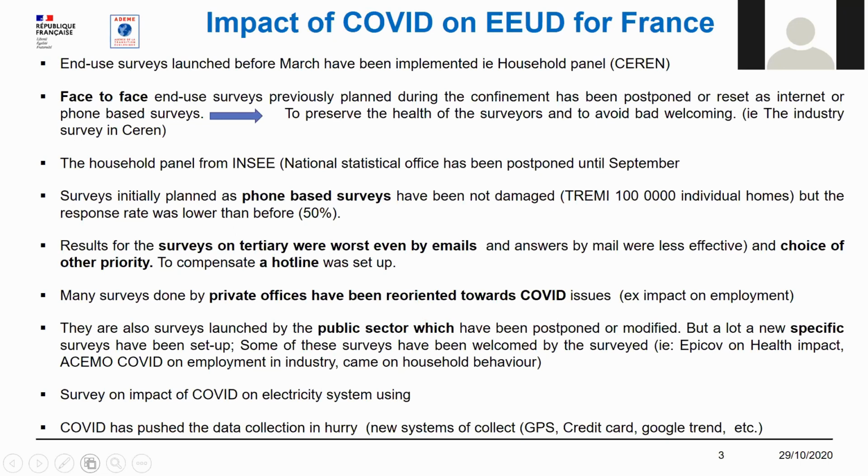So we have, of course, different situations. The end-use surveys that were launched before March were not affected. March was the time when the pandemic came to France and we had a lockdown. Obviously, the main surveys which have been affected by the crisis are those that rely on a face-to-face methodology.